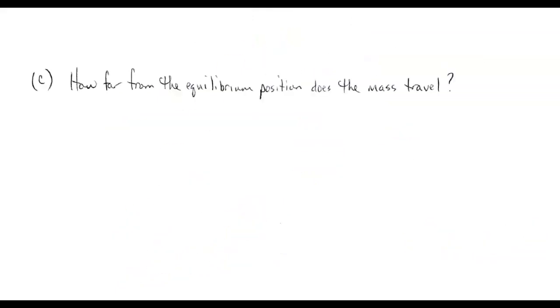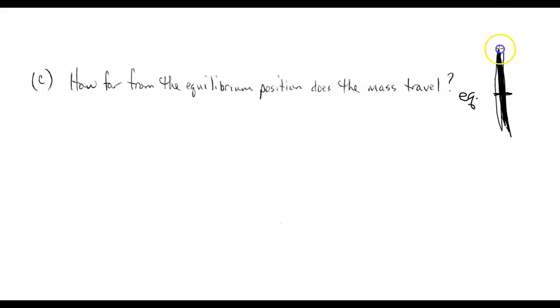All right, so our next question in this example is asking us, how far from the equilibrium position does our mass travel? If we think about that for a second, we know that our mass is bouncing up and down, up and down, and let's say this is equilibrium here.